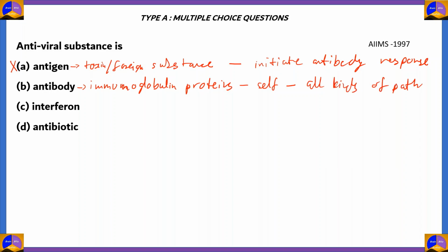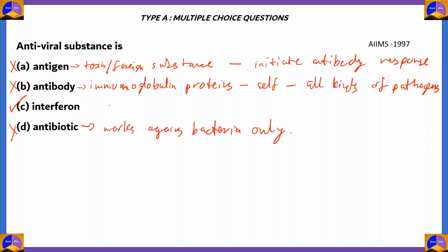So whether it be a virus or bacteria or protozoans, anything can be countered using an antibody. So these are not specifically antiviral. So option B is incorrect. What about option D, antibiotic? Now, antibiotic is a substance which is used to kill bacteria. So this works against bacteria and bacteria only. So option D is incorrect.